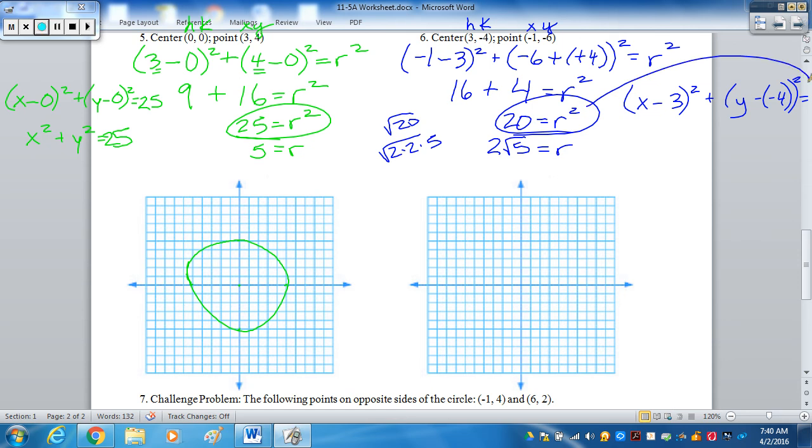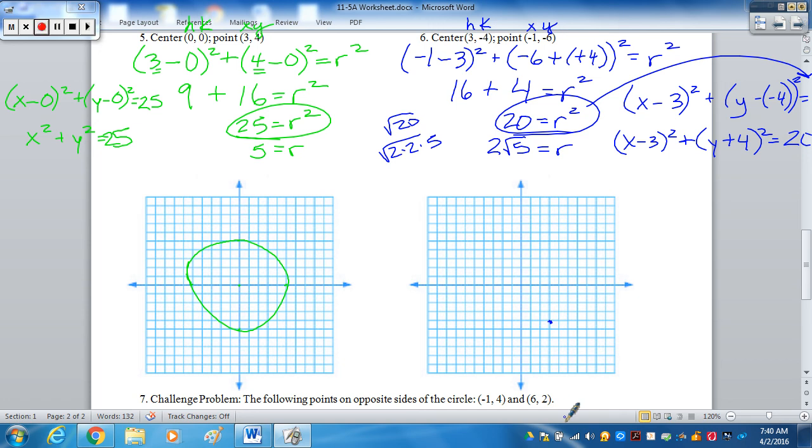Now I do have to simplify this down, so (x minus 3) squared plus (y plus 4) squared is equal to 20. So if I graph my center point, (3, negative 4), 1, 2, 3, 1, 2, 3, 4, I get my point there.